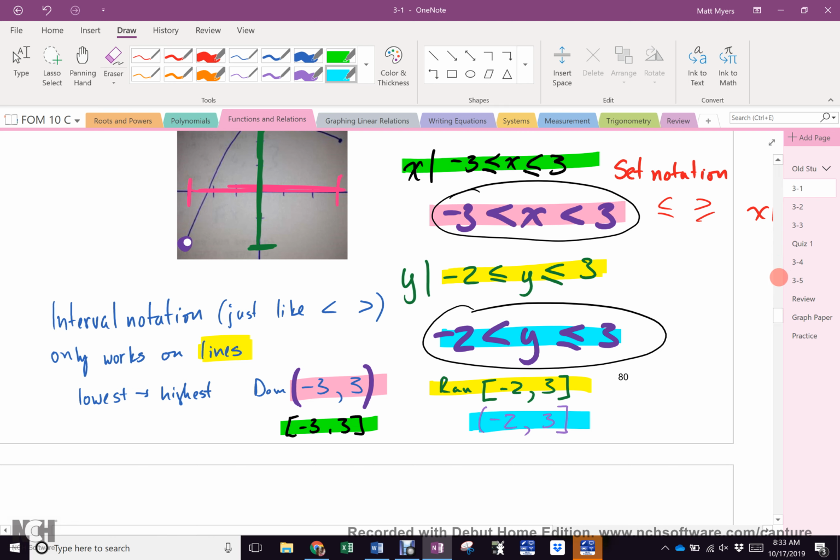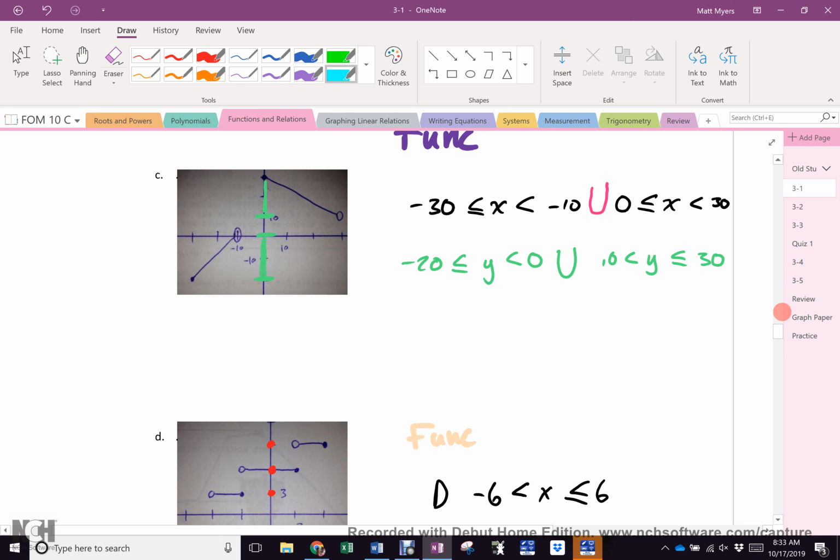Okay. So now let's go down to the next one here. And remember, this one was weird because it had two sets of both, yes? So if it's got set notation twice, that must mean we can write interval notation twice. So what would this first one be as an interval, which I'm going to do in orange? What would this be?